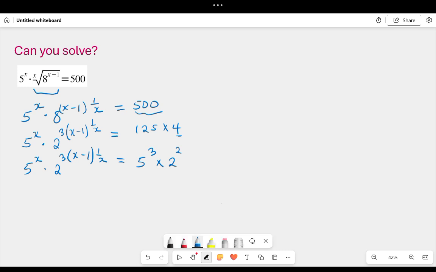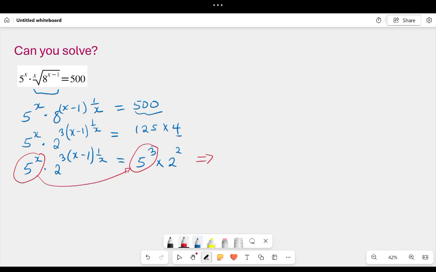Now we are going to compare two scenarios here. Remember, before the equal sign, we have multiplication, connecting the numbers with the base of 5 and 2. After the equal sign, we have a multiplication making the connections too. Now, then, what we are going to do, we are actually going to compare 5 to power x to 5 cubed, like that. These two can be compared.